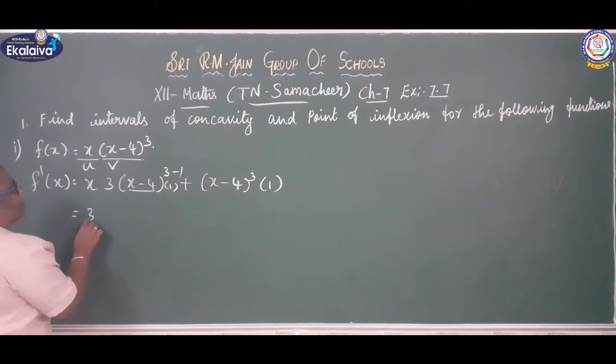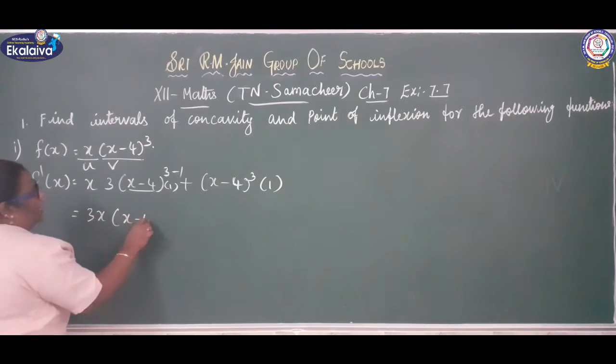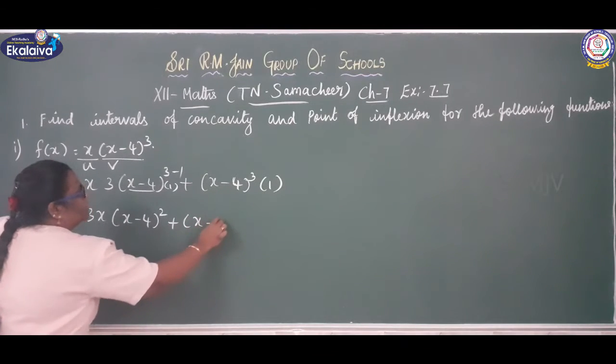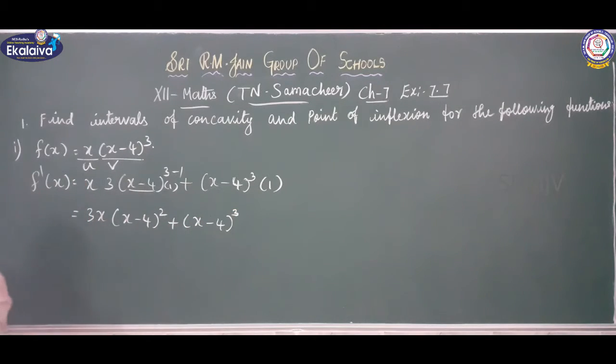So it gives 3x into (x minus 4) the whole square plus (x minus 4) the whole cube. (x minus 4) the whole square is common, you can take it out.